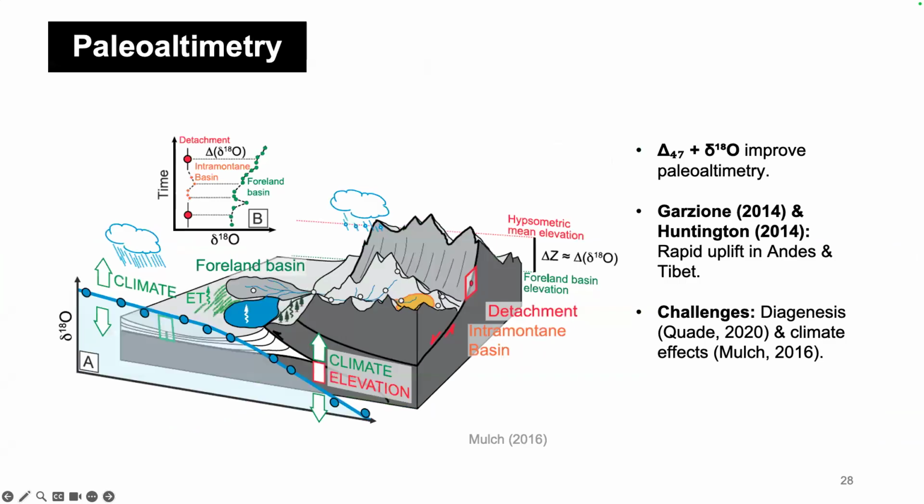The integration of clumped isotope thermometry and delta 18O of water has significantly refined paleoaltimetry, allowing more accurate reconstructions of past elevations. Studies in the Central Andes by Garzione et al. and in the Tibetan Plateau by Huntington et al. demonstrated rapid uplift events and confirmed that capital delta 47 provides critical paleotemperature data, which combined with delta 18O lapse rates, offers robust elevation estimates.